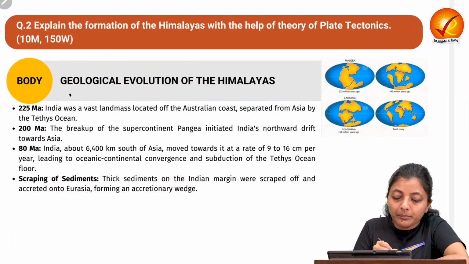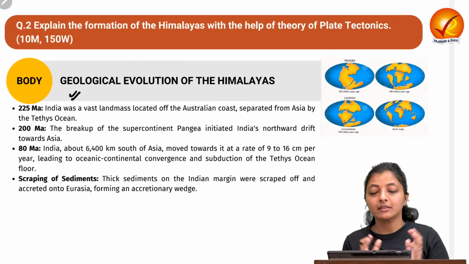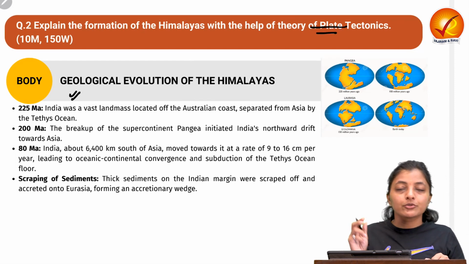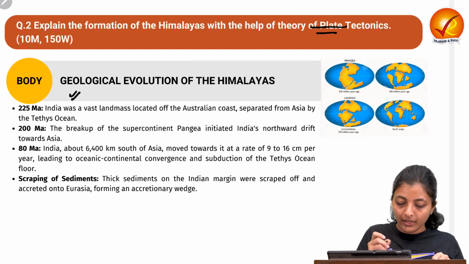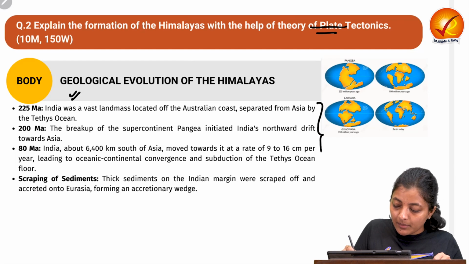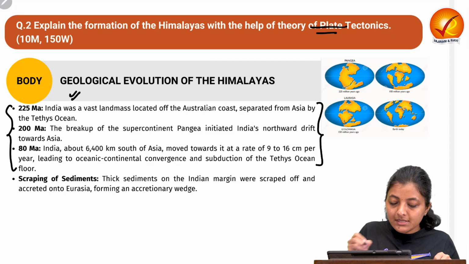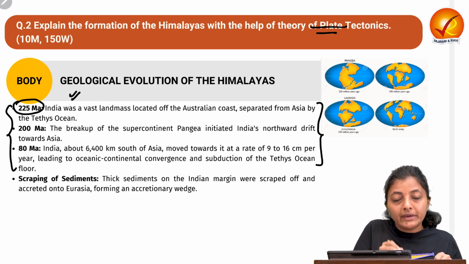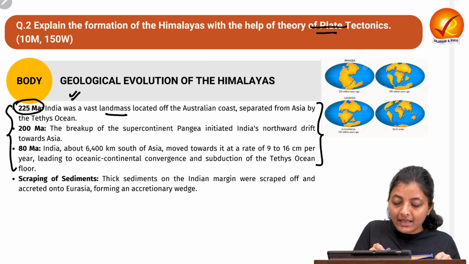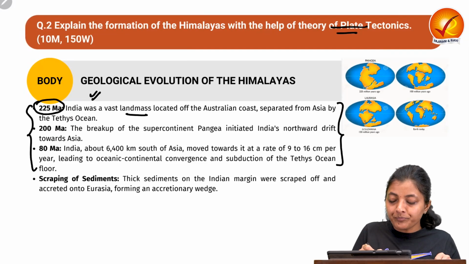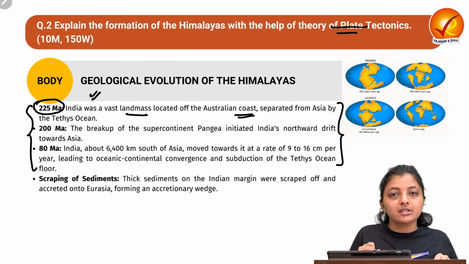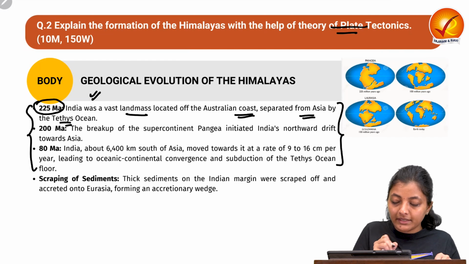Now moving on to the main body part, we need to explain the formation of the Himalayas using the plate tectonics theory. You can write some background, that 225 million years ago, India was a vast landmass located off the Australian coast, separated from Asia by the Tethys Ocean.